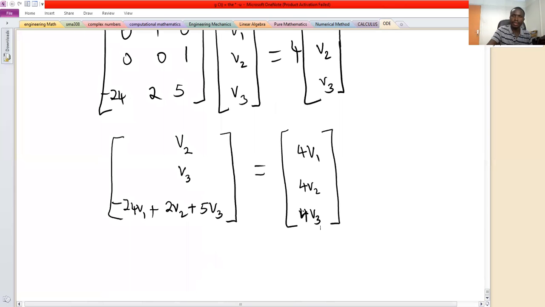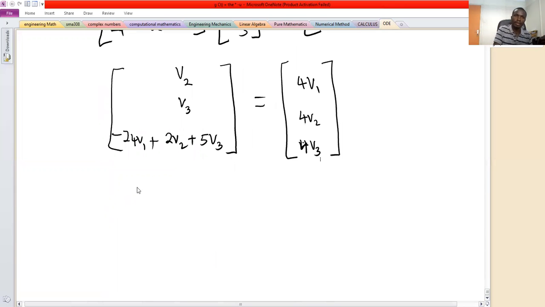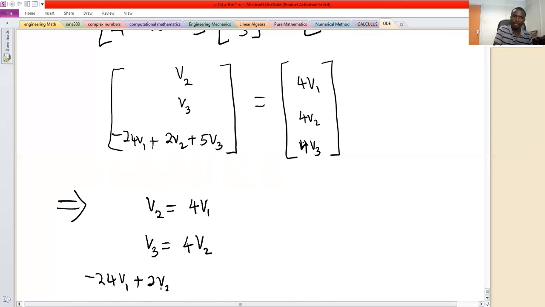And from this, for this equality to make sense, V2 should be 4 V1, V3 should be 4 V2, and minus 24 V1 plus 2 V2 plus 5 V3 should be 4 V3.